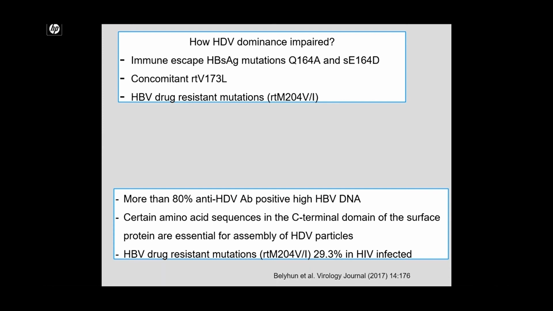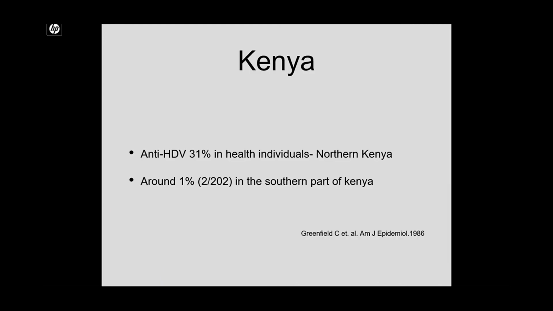The other thing is that it recommends we study, even where hepatitis D virus dominance has been impaired, hepatitis B patients who are suppressed and have occult infection, which might also need a study for hepatitis delta. I think for researchers this is an important area of research.